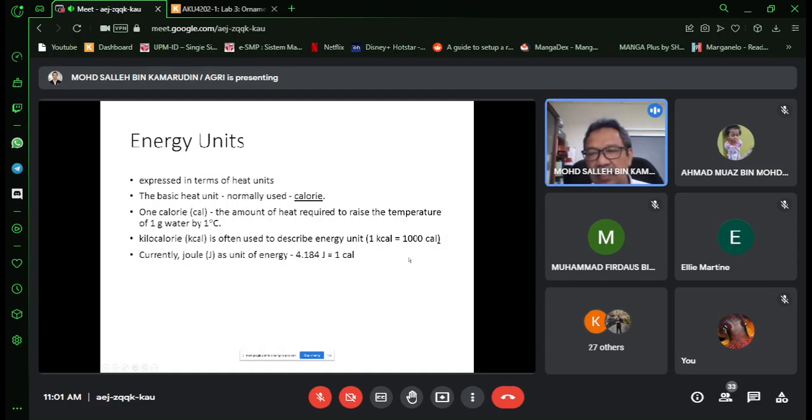And 1 kilocalorie is equivalent to 1,000 calorie. And as I mentioned, of late banyak jurnal dia nak energy tu dalam joule. So you boleh convert lah, 1 kalori equal to 4.184 joule. Dan ikan perlu dalam 4,000 lebih. Kalau udang dia rendah sikit keperluan tenaga energi dia.